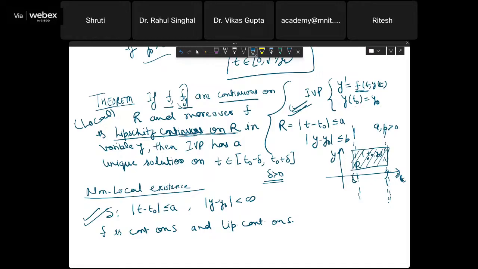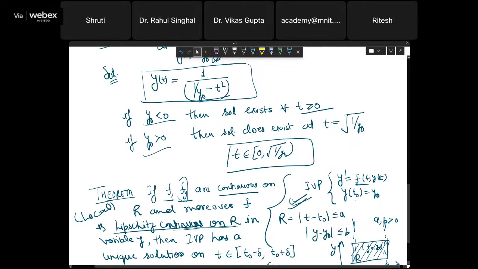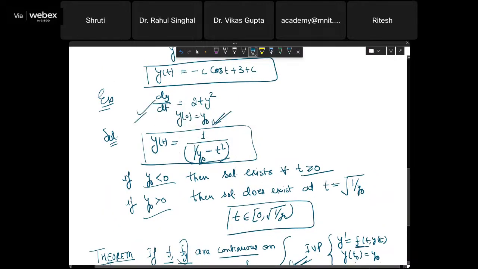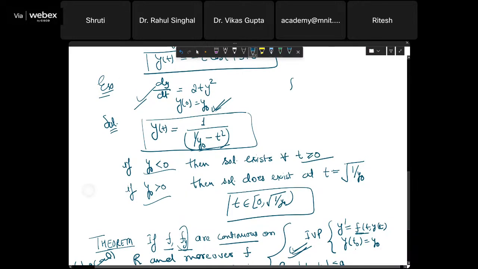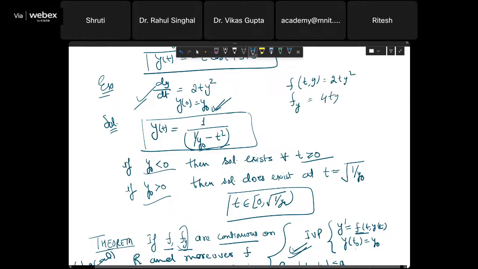If you go back to the problem which I just gave you, you can see what is happening. Here you have the function f(t,y) as 2ty squared. Its derivative with respect to y is 4ty.